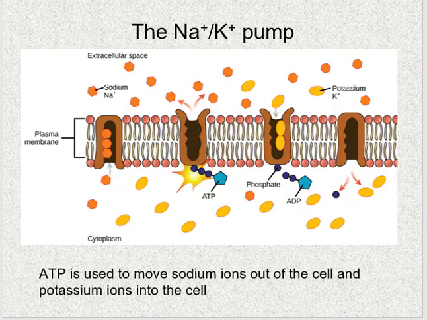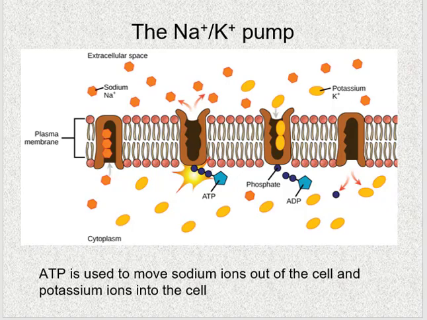The process of moving these ions consists of 6 steps. Initially, there will be an enzyme oriented towards the cell's interior, which has a high affinity for sodium ions. 3 sodium ions will bind to the protein. Then the protein carrier will hydrolyze ATP and a low-energy phosphate group will attach to it.